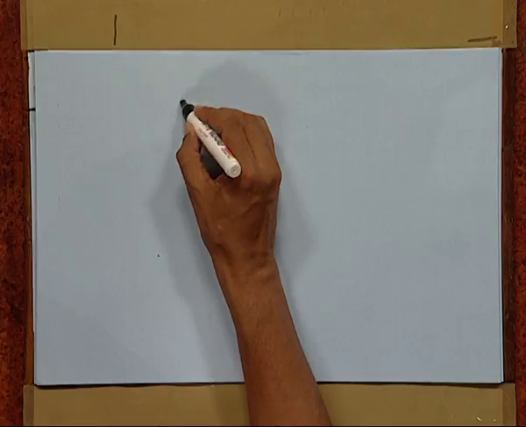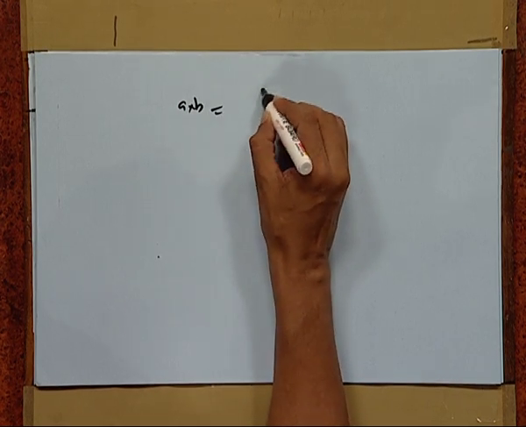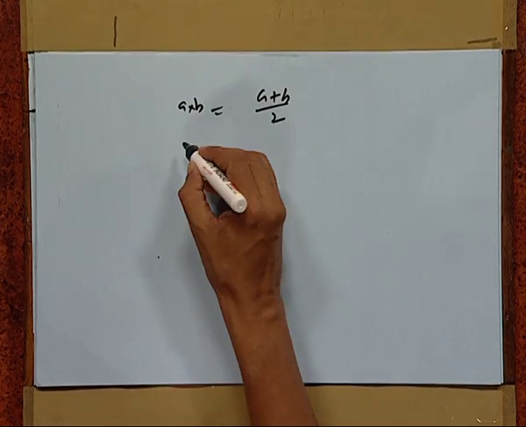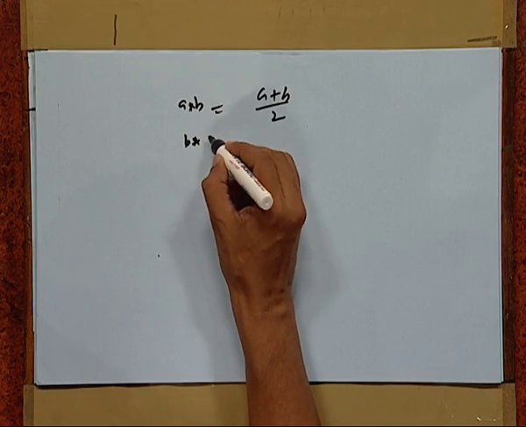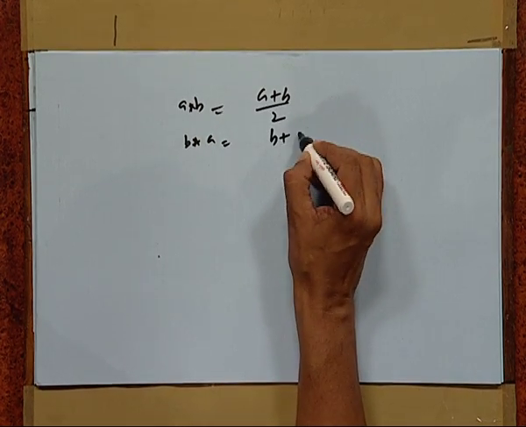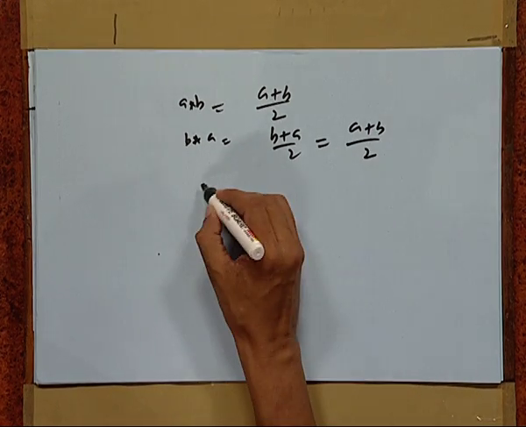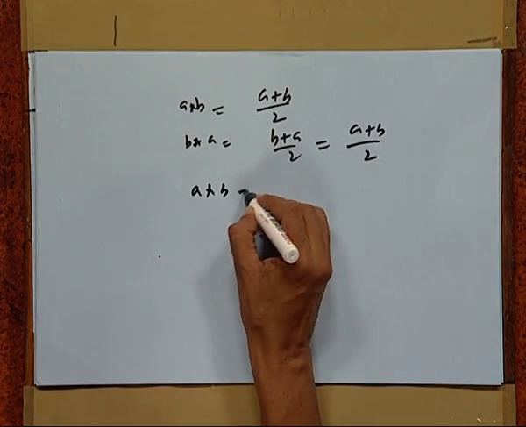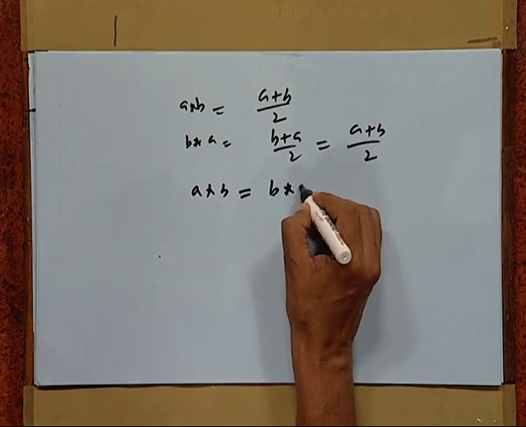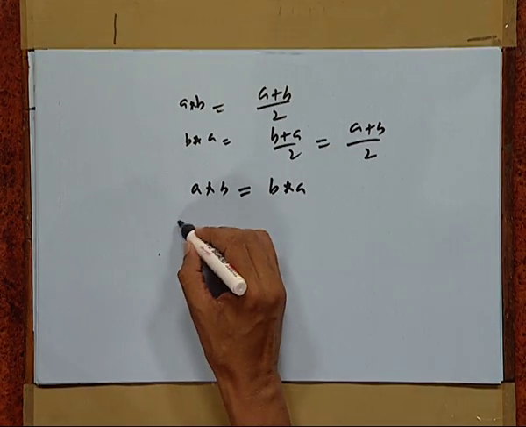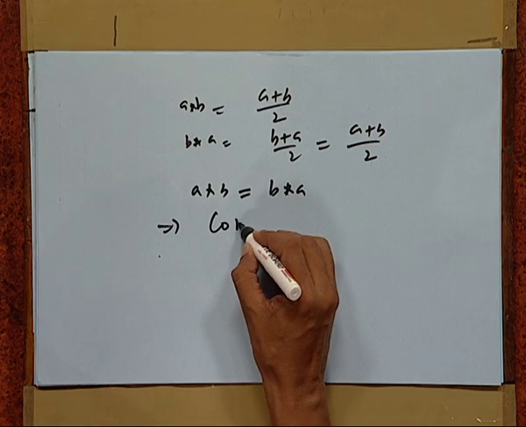For the second part, we have A star B is (A plus B) by 2. Now, A star B is (A plus B) by 2, while B star A is (B plus A) by 2, the same as (A plus B) by 2, and hence A star B is B star A. So, this is commutative.